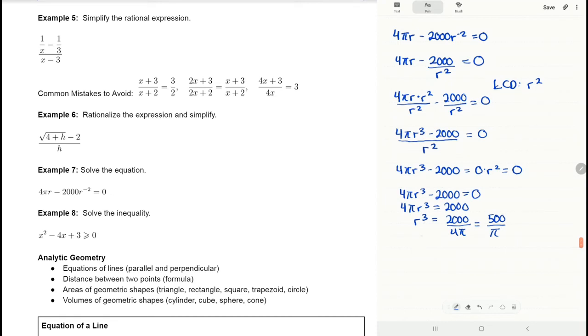And to get rid of the power of 3, we will take the cubed root of both sides. So the cubed root of r cubed is the cubed root of 500 over pi. So r is equal to the cubed root of 500 over pi.